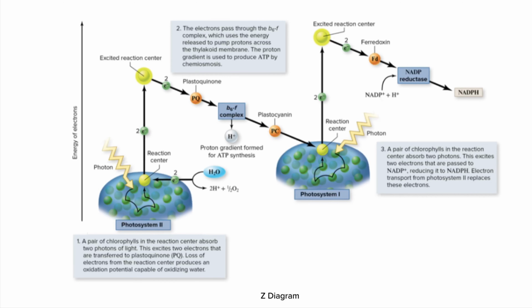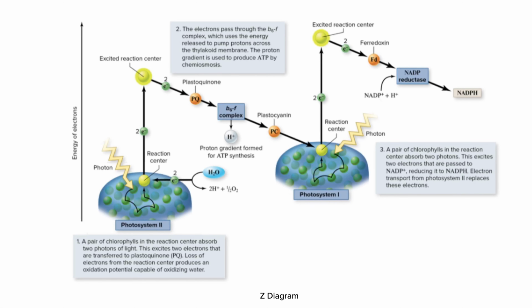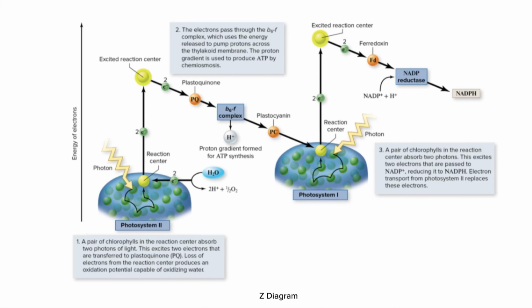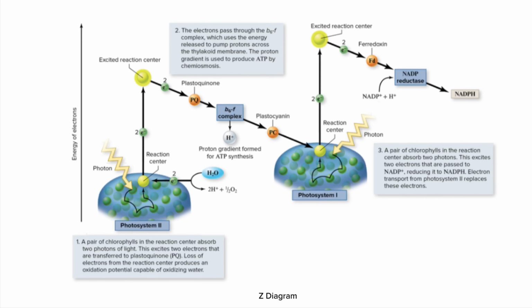And just going through it really quickly, it passes the excited electron through the electron transport chain to Photosystems I, and it's replaced, and an excited electron is passed to NADPH, which is the end of the process.